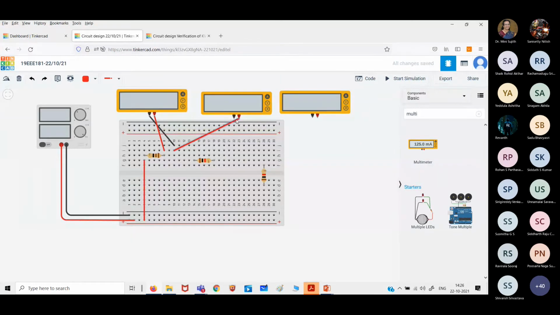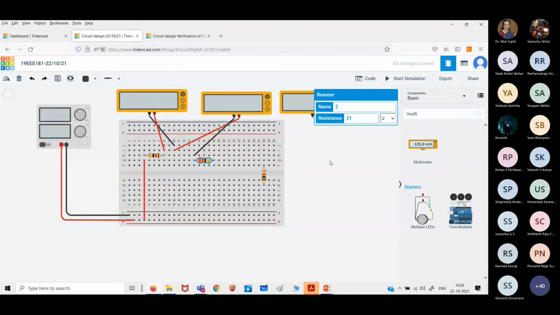So then negative of this ammeter is connected to the 21 ohm resistor. Let me put it as black so that I can identify. I should check this value, what it is.